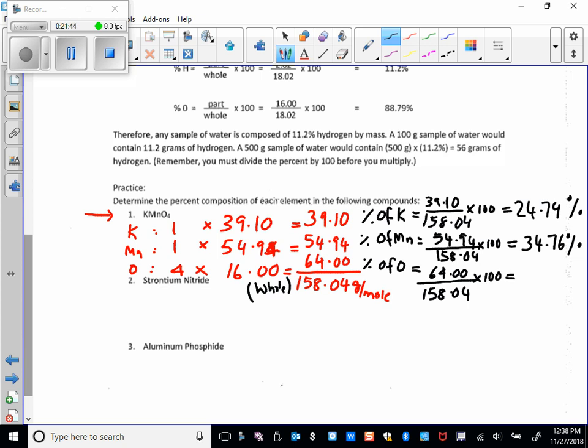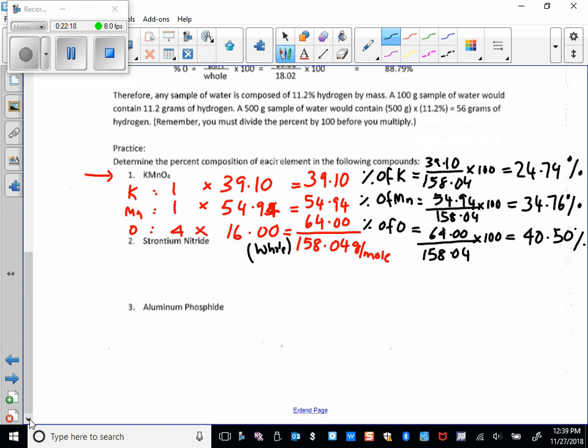And what is your final answer? 40.50%. What do you think all these percents will add up to? What do my students think? 100. All right?